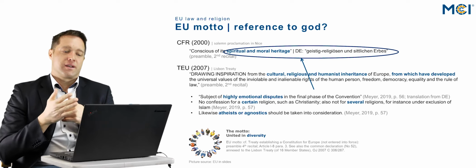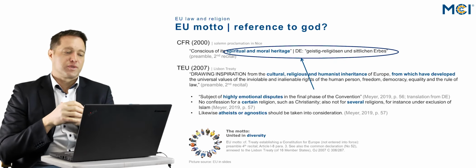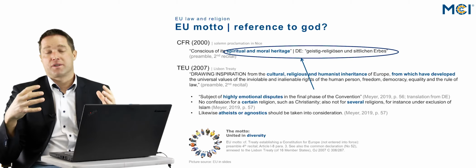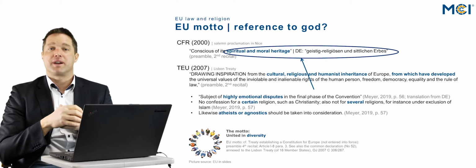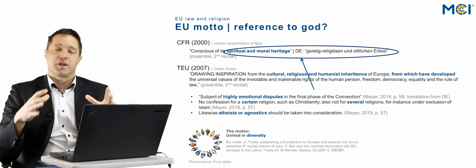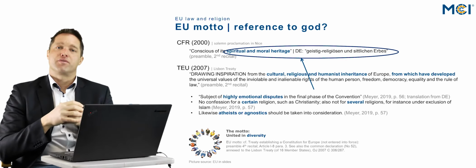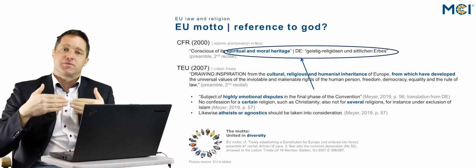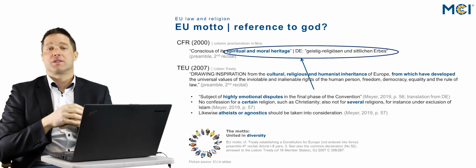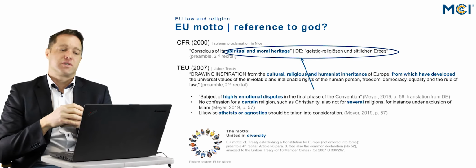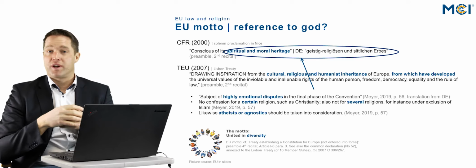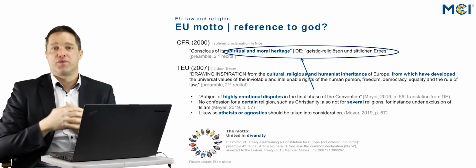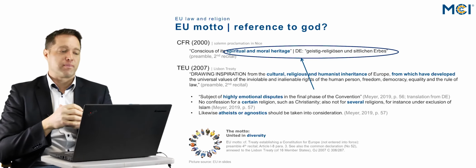There were some, I may quote, translated from this German text, there were some highly emotional disputes in this convention drafting the Charter of Fundamental Rights, because it was not acceptable for some, for example France, to have a reference to God or religion, because it's a country which strictly separates politics from religion. Others wanted to have references to religion, so that's why this wording has been found, the spiritual and moral heritage, so that EU law does not have to refer to religion, because that was not acceptable for some.